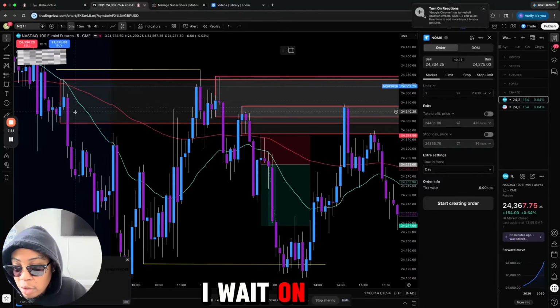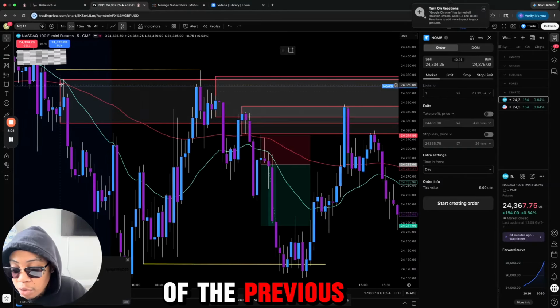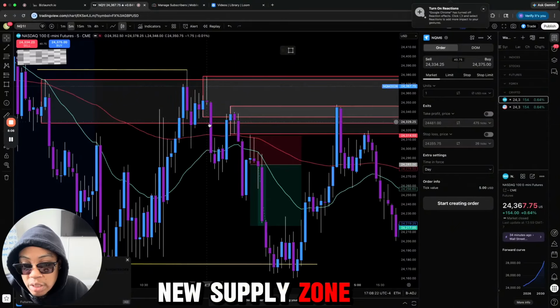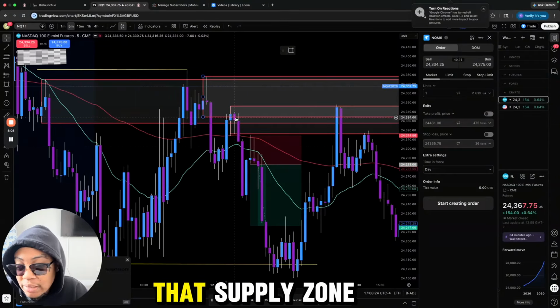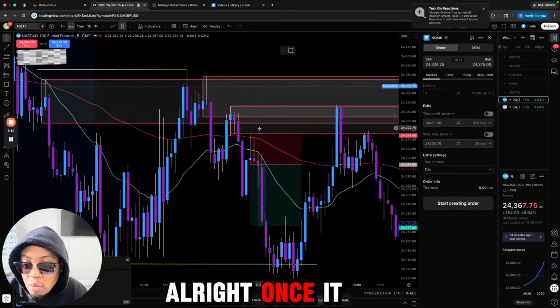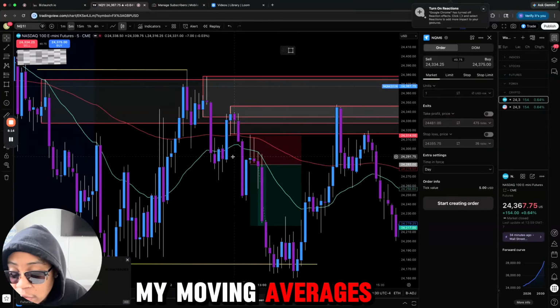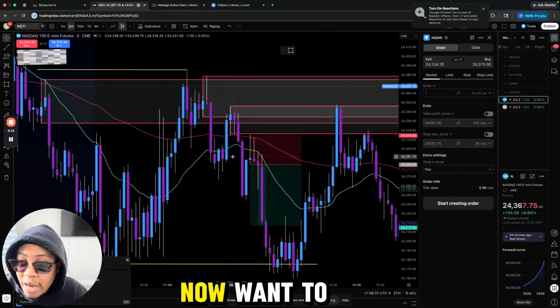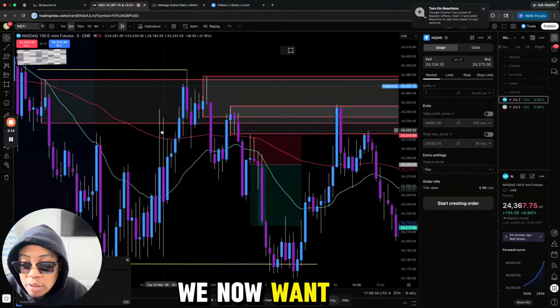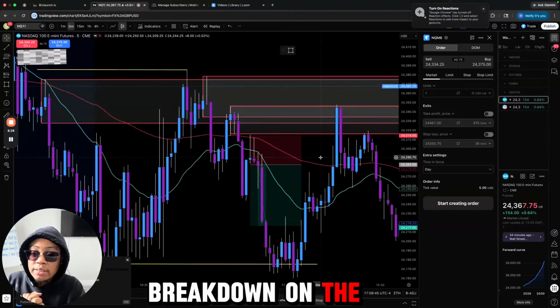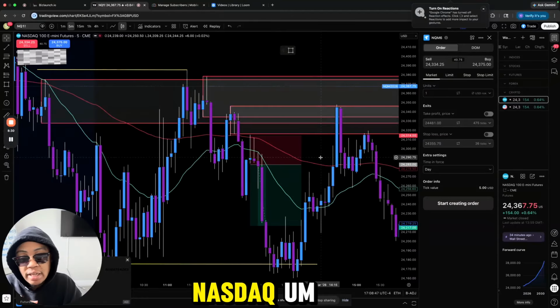That's simply all I wait on: a supply zone, a liquidity grab of the previous supply zone, create me a new supply zone, and let price pull back to that supply zone. All right. Once it pulls back to that supply zone and closes below my moving averages, it's letting me know that we now want to continue down. We now want to continue to sell. All right. This was a breakdown on the sell position that I took on NASDAQ.